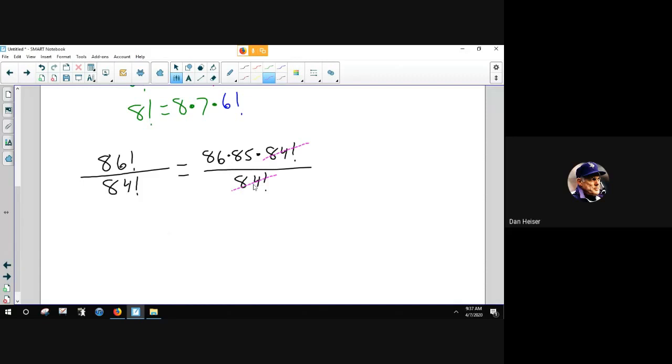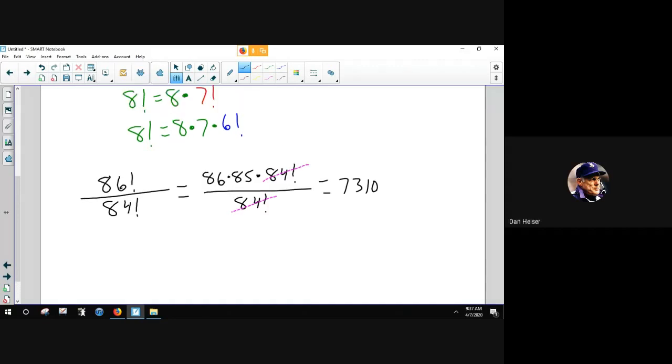Here are those same terms, 84 times 83 times 82, all the way down to times 1. They're just going to cancel out, leaving us with a simple calculation, 86 times 85. That's how you can use factorials to reduce fractions, reduce very large numbers down, and eliminate all those repetitive terms.